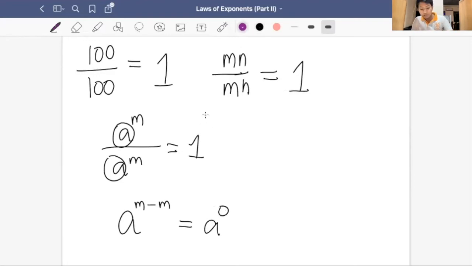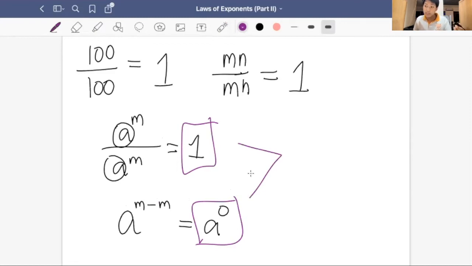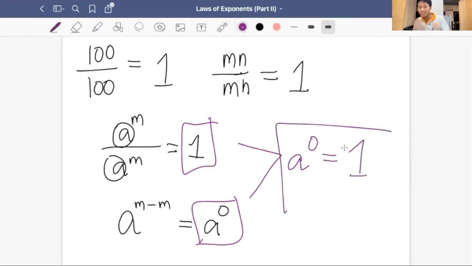So therefore, both are the same, right? A to the m over a to the m is equal to 1. And using the quotient rule, we have a raised to m minus m equals a to the 0. That's why we have this third property, a to the 0 is equal to 1.